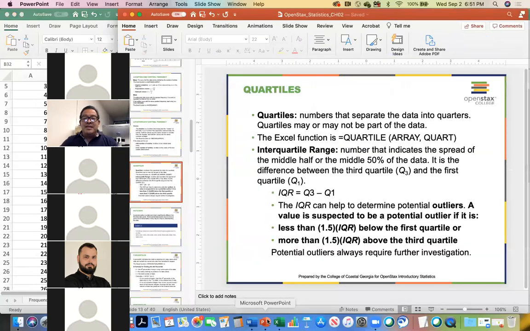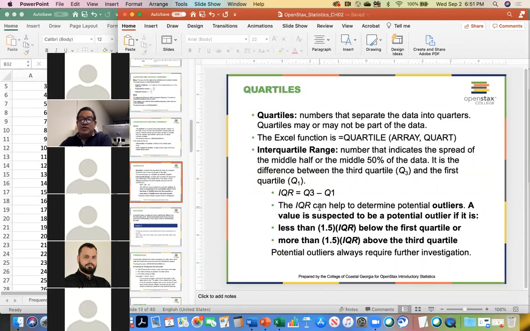There are many things that we can do with these quartiles. For example, we can find the interquartile range. The interquartile range is the number that indicates the spread of the middle half, or middle 50%, of the data. We find the interquartile range by subtracting Q1 from Q3. Once we find this value, the interquartile range can help determine potential outliers.